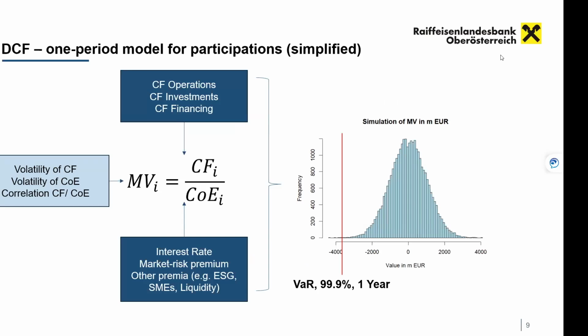Or vice versa, if you have the valuation of a company provided, for example, by a third party or through observable market prices, and you have the cost of equity, you can easily derive the cash flow. This is a 1-period model, which is a deviation from a multi-period model with the terminal value that was presented, for example, last week in this panel by our colleague Christoph Scheuch. So it's a similar approach, but here we're considering a 1-period model.